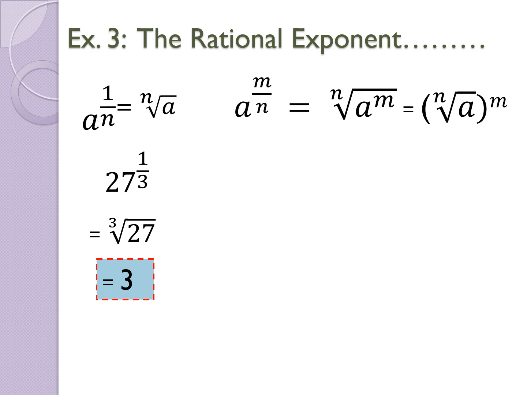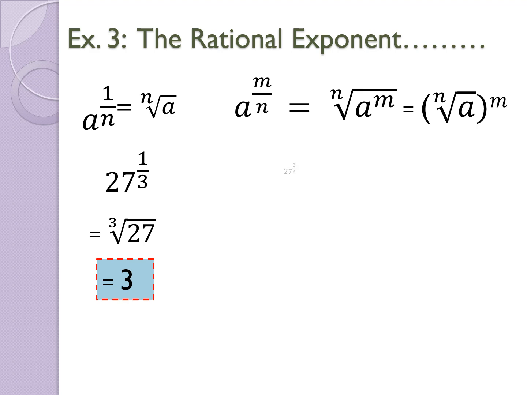And the answer is yes. There's really no hard and fast rule to what you do first. Sometimes it might be easier to raise a to the power and then take the nth root, or it might be better to take the root first and then raise your answer to that power.